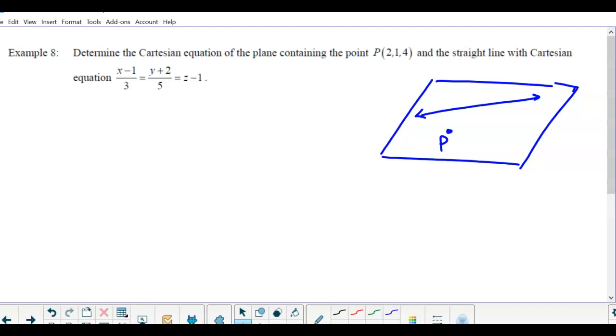I tend to convert this to the vector equation right away rather than the Cartesian equation of a line. So my point here, 1, -2, 1, and my direction vector, 3, 5, and 1.